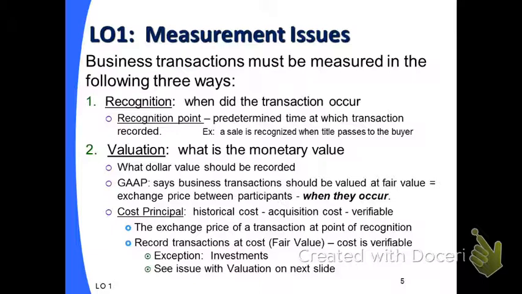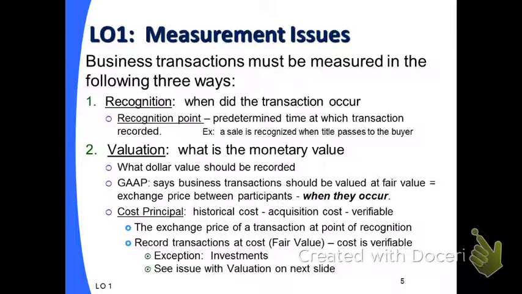So, in most instances, the exchange price is going to require us to apply what we call the cost principle. The historical cost or the acquisition cost of a particular item is the cost that we would use, or the value that we use for a transaction.